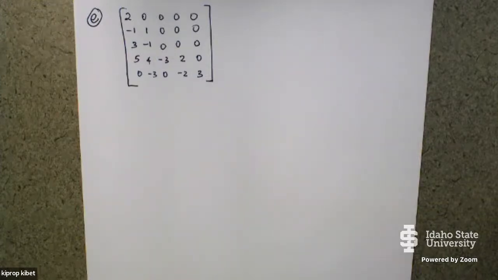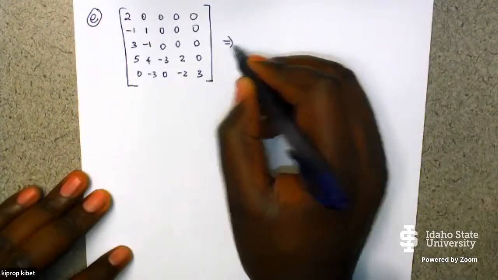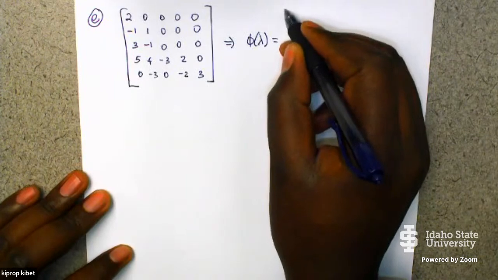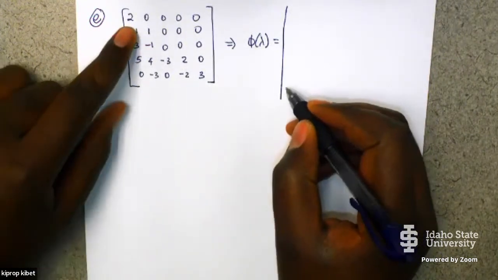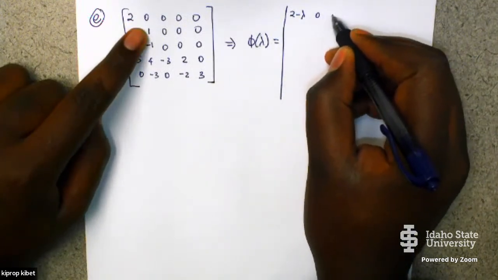Okay, let's continue from block number E and the eigenvalues of that. So then the characteristic polynomial can be formed by getting the determinant of 2 minus lambda, and then all these are 0.